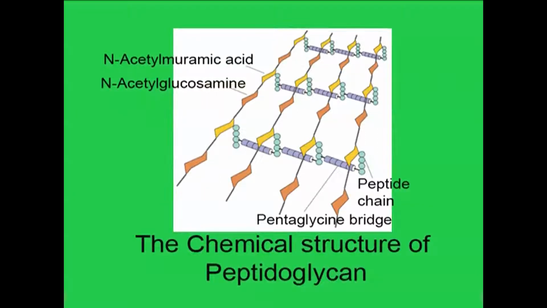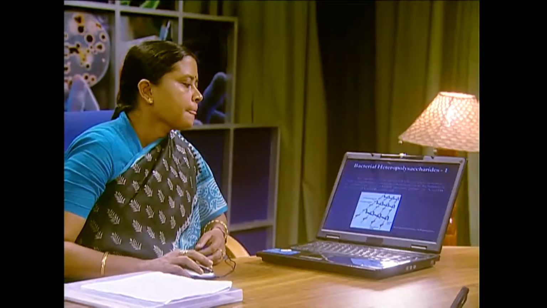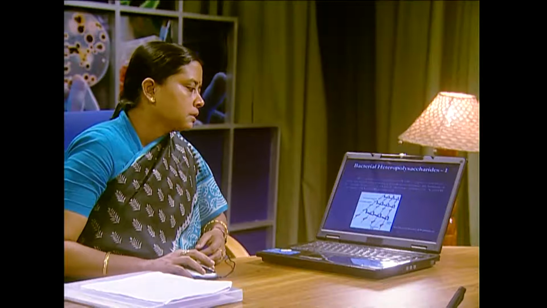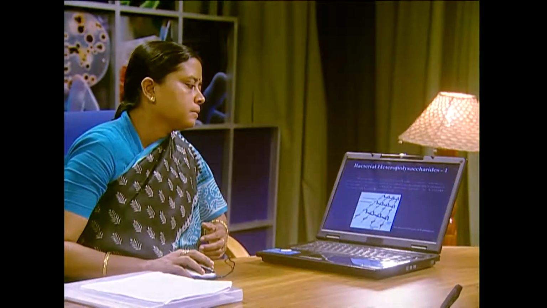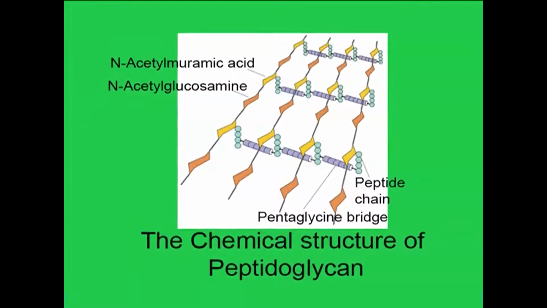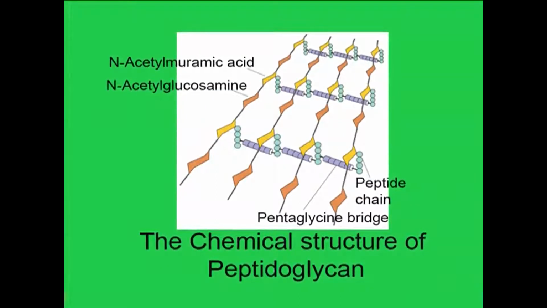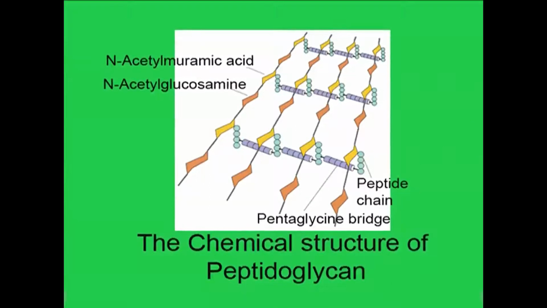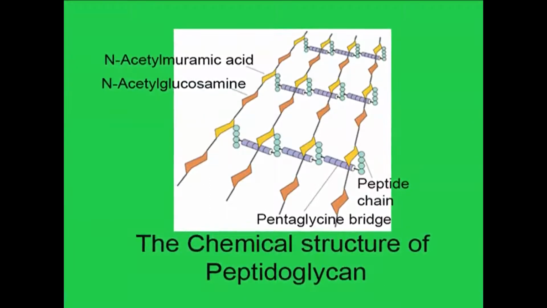That means 5 glycine molecules are joined side by side, and the peptide chain and the pentaglycine bridge form the connection between the chains of alternating N-acetyl D-glucosamine and N-acetyl D-muramic acid. This structure forms a meshwork-like structure, a network we can also call, around the bacterial cell.